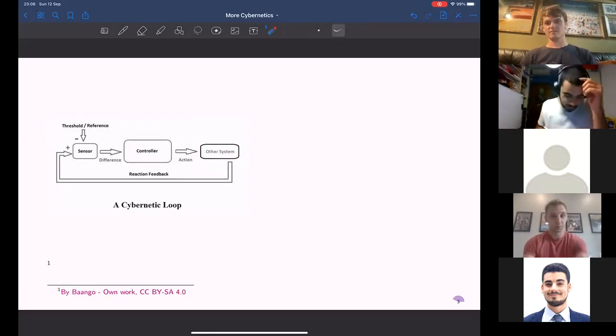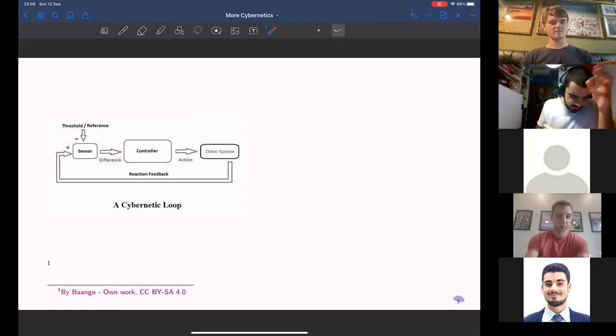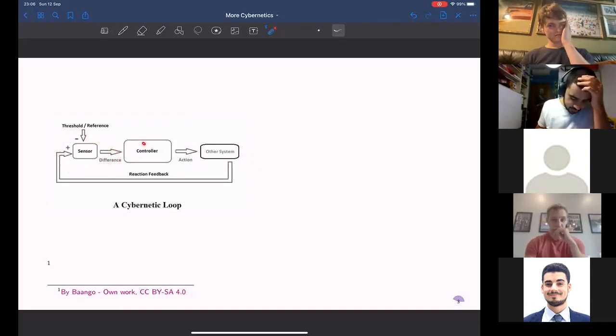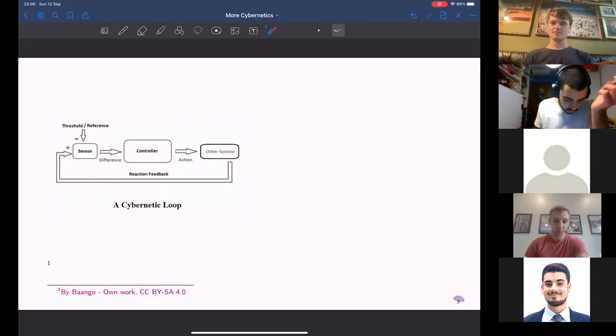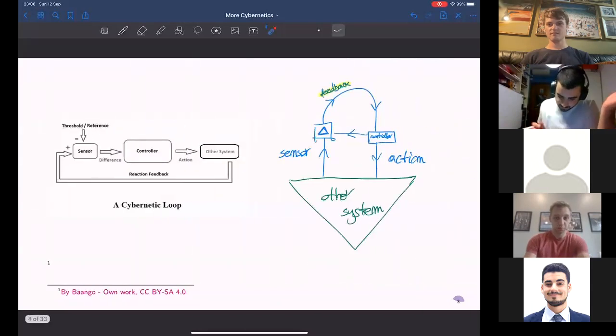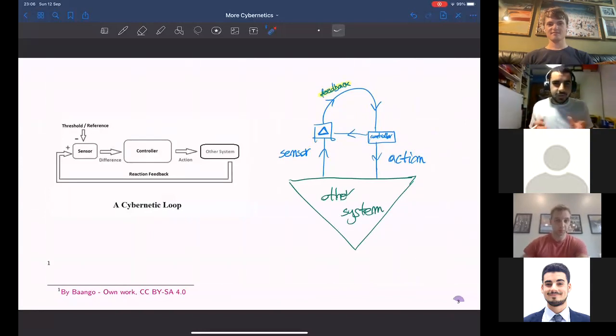So there's this difference, which means that the controller is able to not only read the sensor, but also compare it with what we had before. So I know the difference between the so-called signal and the actual control. This is the classical way to represent this, and the way we like to represent it is like this, which is not at all a big improvement if you just look at the picture.